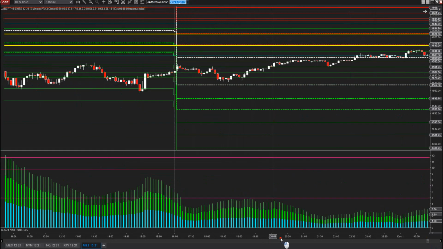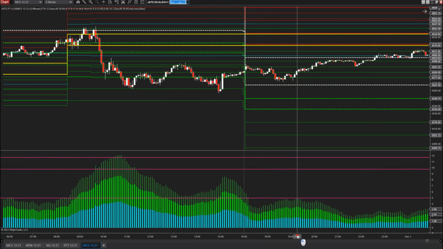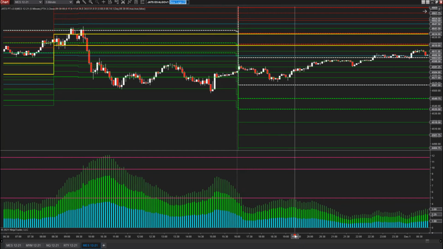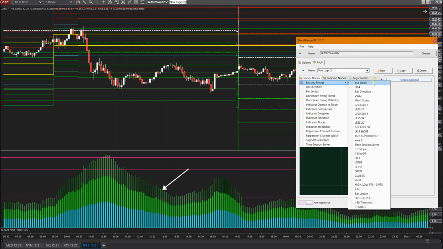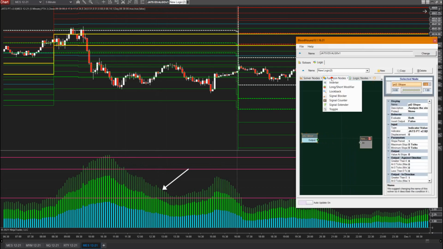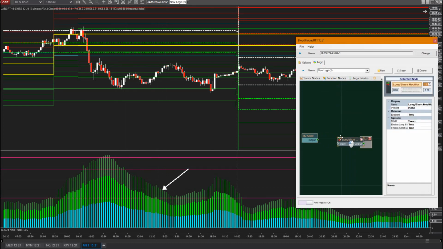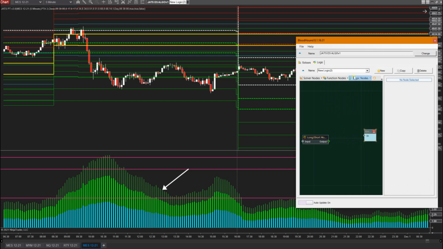So let me put this back up. Here's a good example. When the range is decelerating with my threshold solver, very, very easily with the long-short modifier.